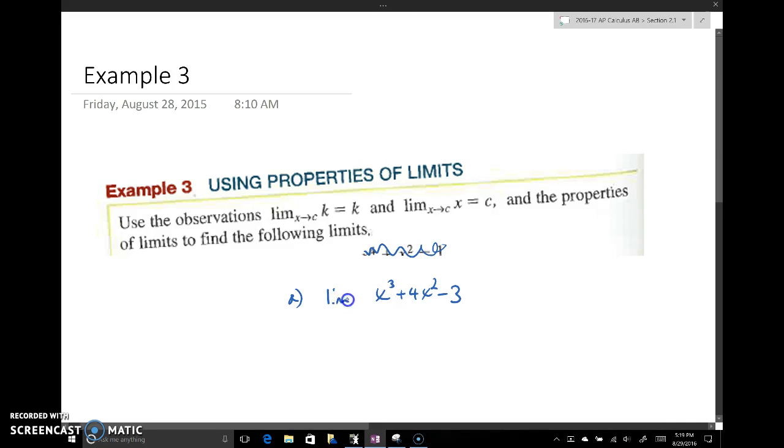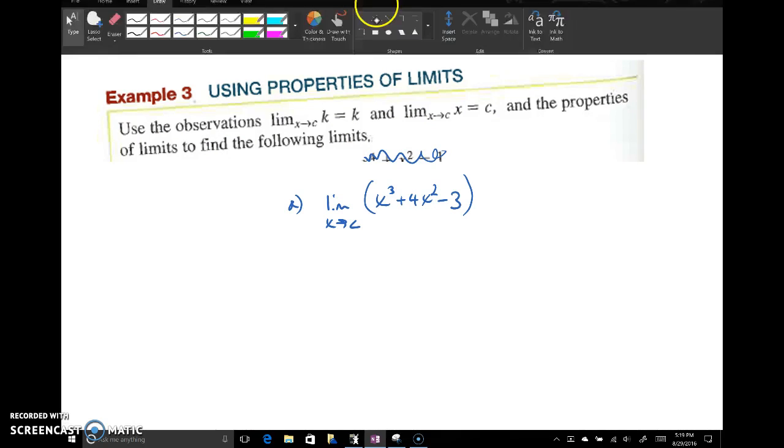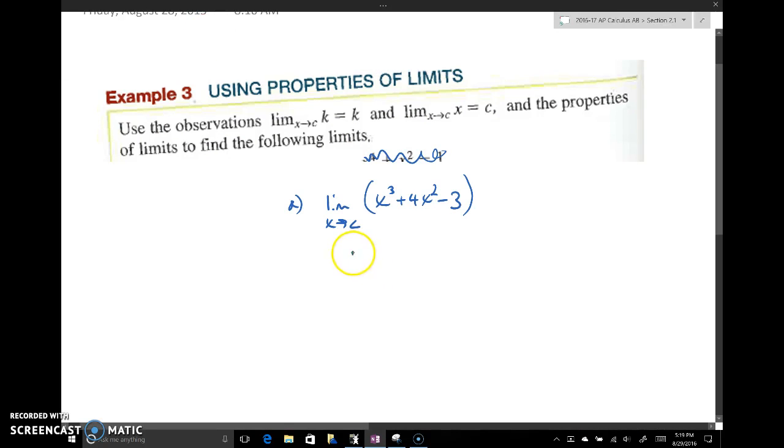Okay, so we can first start by using the sum and difference property. So we're going to have the limit as x approaches c of x cubed plus the limit as x approaches c of 4x squared minus the limit as x approaches c of 3.